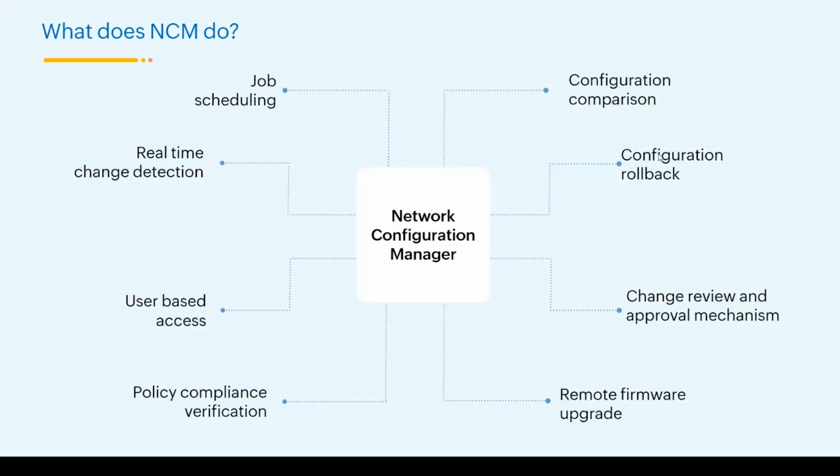And only if he requires the changes, he'll accept, or else he can choose to reject the change as well. This change will be notified to the operator as well. So this comes under role-based access control, which will be explained in detail in part 2 of the Network Configuration Manager training.